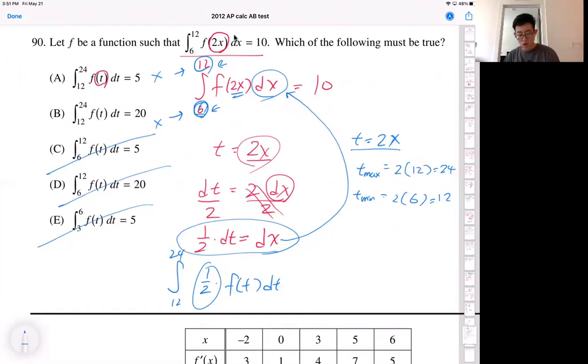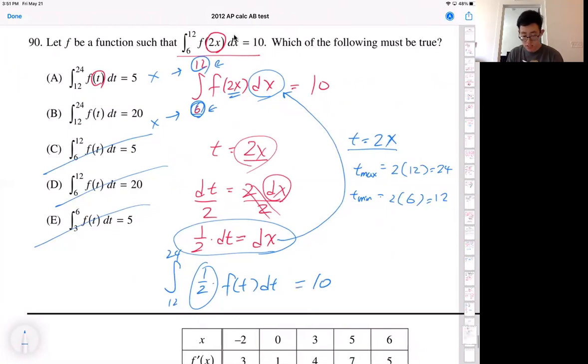Okay, so then at the end, this entire thing ends up equaling 10 here. Okay, because we replaced everything and then we got that equal to 10, right? Now, the only difference between this answer that I have and the answers that were given to me is that this 1/2 is gone.